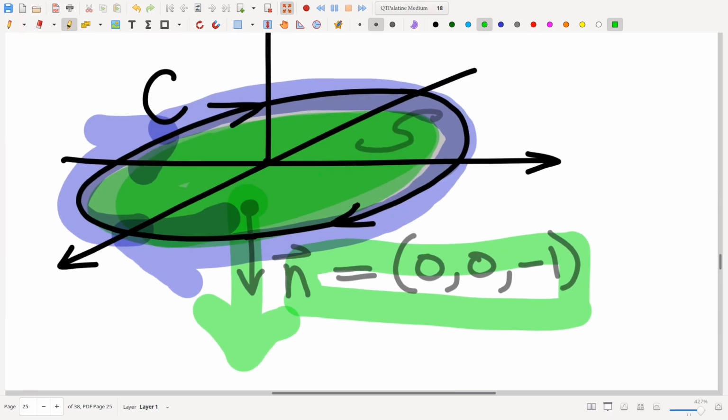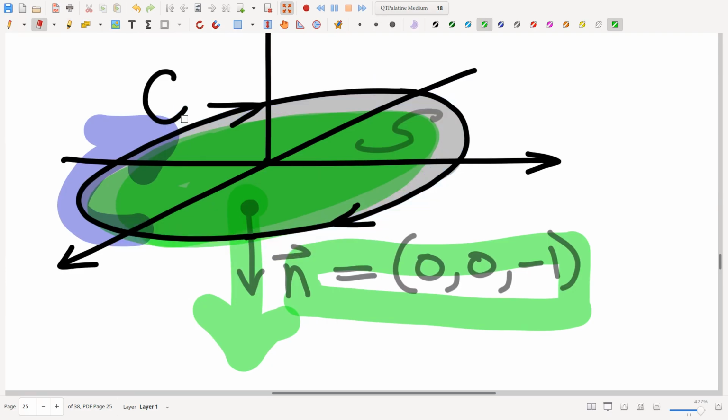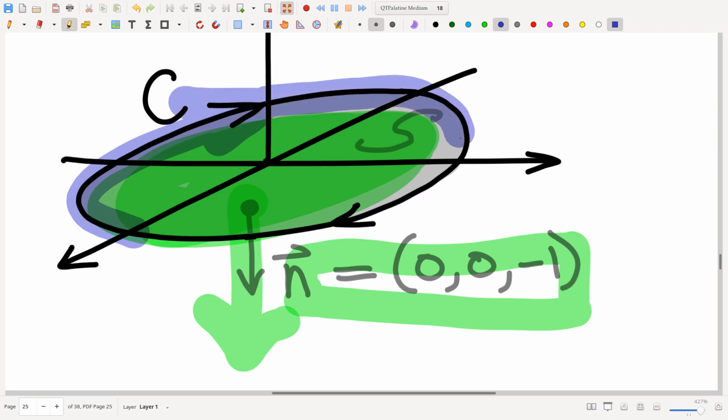Now, let's play the usual game. Is this a boundary? Let's think about this green surface. Keep in mind, it's my surface. I made it up. I can make it however I want.